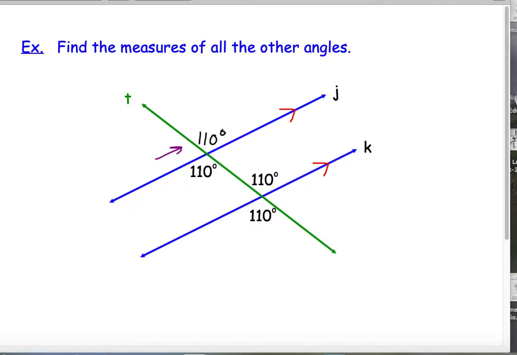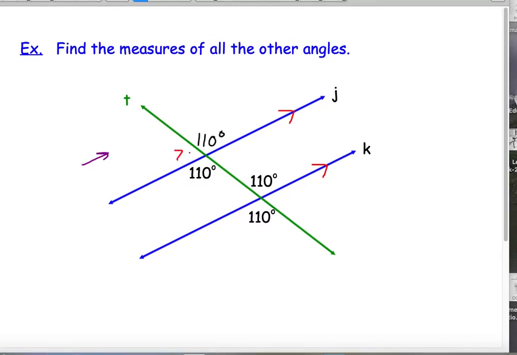Now let's figure out the other ones. Well, these two, for example, make a straight line. So I know these two are a linear pair. So if this is 110, if I subtract that from 180, I'll get this angle. So this angle is going to be 70 degrees. And likewise, if that's 70, it'll be vertical to this one, so that'll be 70 as well.